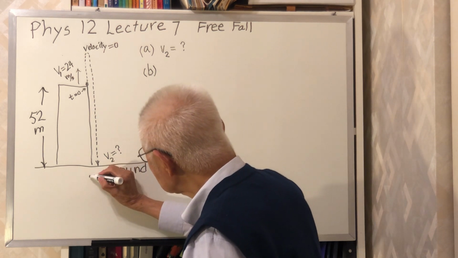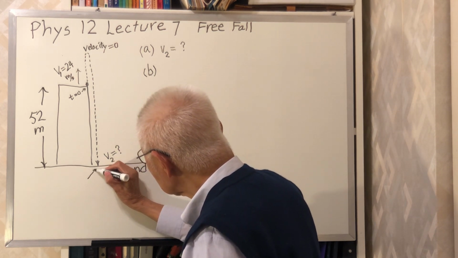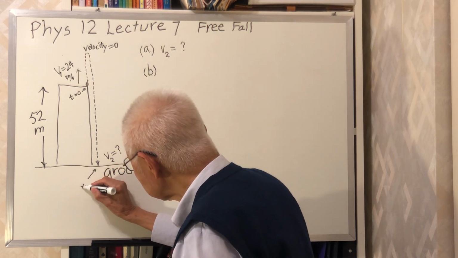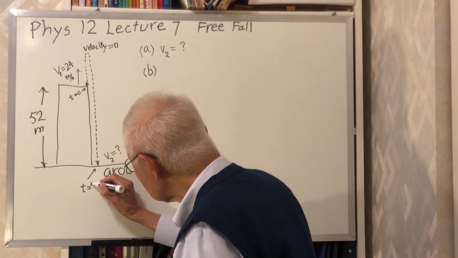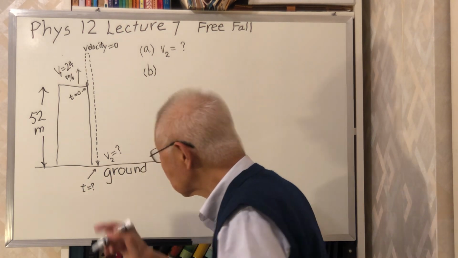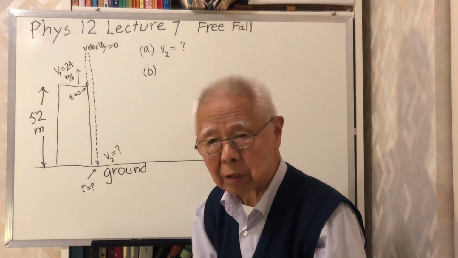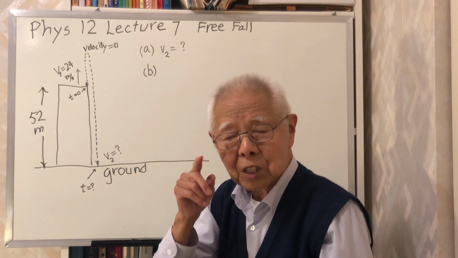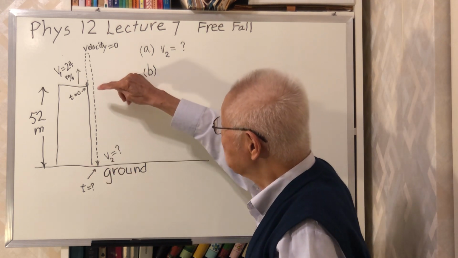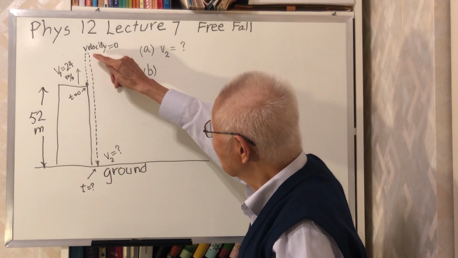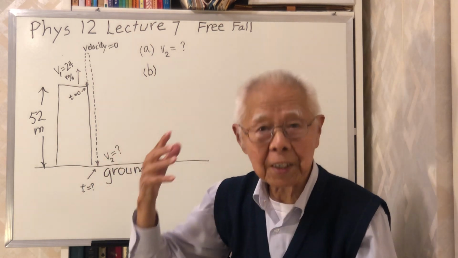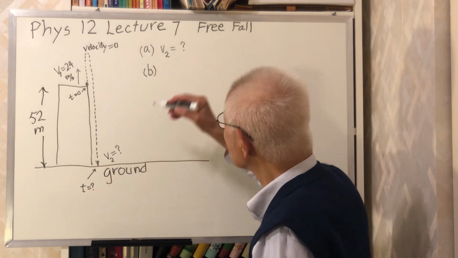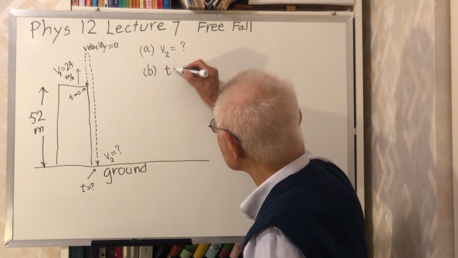And then here, when it hits the ground, what is the time? In other words, I want to find the time interval from here until it's here. How long does it take? At this point, what is the time?